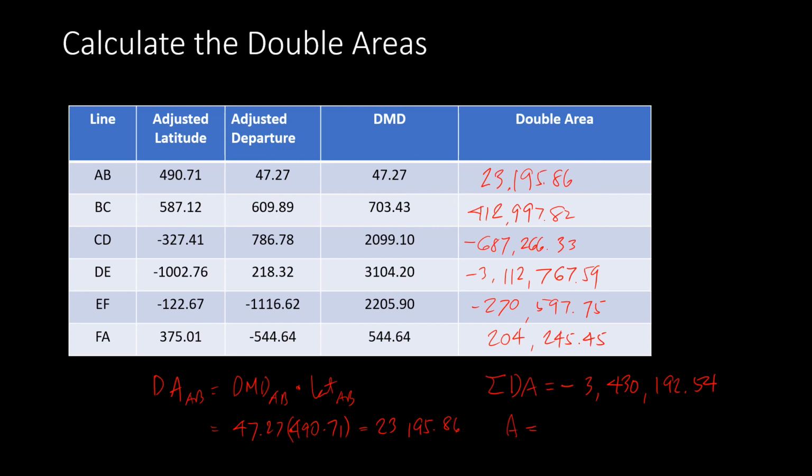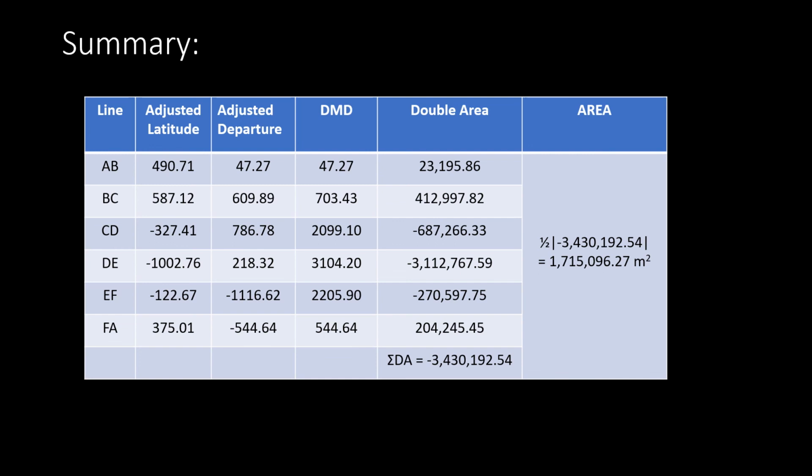So we simply have to divide our double area of negative 3,430,192.54 by 2, and then we just take its absolute value, which will give us 1,715,096.27, and this is in square meters. So that gives us the area of the given tract of land. Here is the tabulation of the results of all our computations.